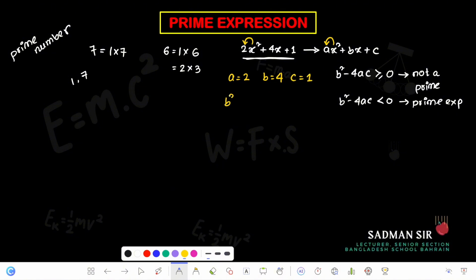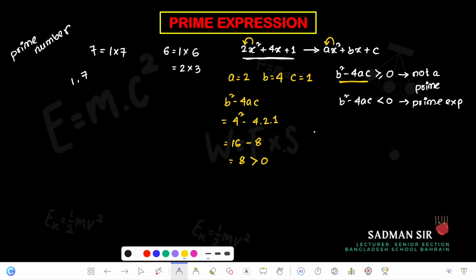Then we need to calculate b squared minus 4ac. So 4 squared minus 4 into 2 into 1. 4 squared is 16, minus 8. So we get 8, which is greater than 0. So we can say that 2x squared plus 4x plus 1 is not a prime expression because the value of b squared minus 4ac was greater than 0.